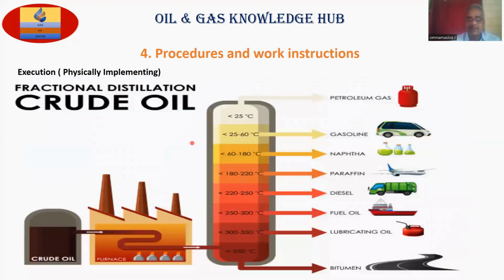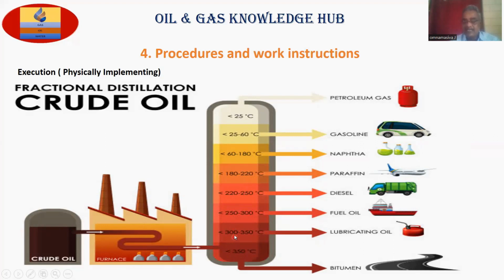A simple process explanation. You can see this crude oil which was extracted from the oil wells goes to the furnace called air preheaters. As I told you, first it will go to the convection box, from there it will go to the radiant section. From there it goes to the fractionation column like this.